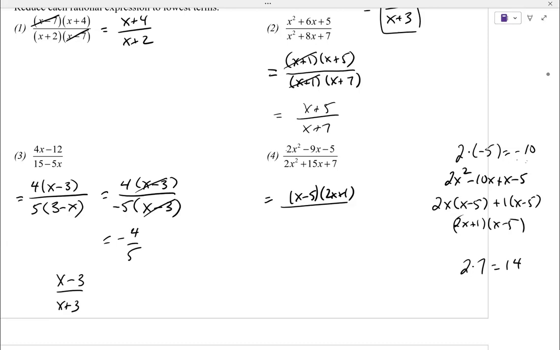How did the denominator factor? Good. Again, here if I do AC, 2 times 7 is 14. So any things that multiply to 14 and add to 15, what would you use? 1 and 14.